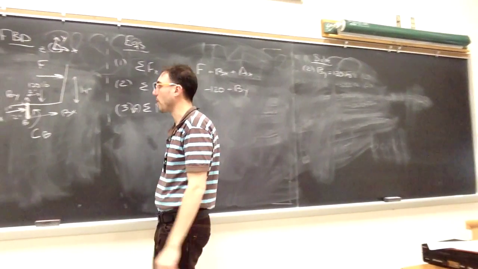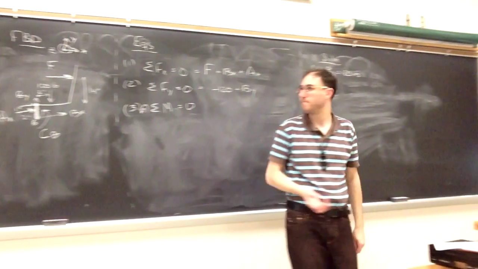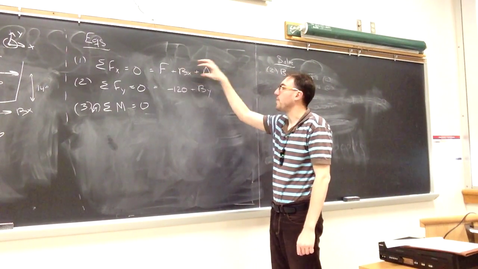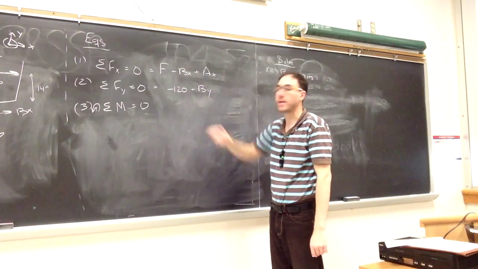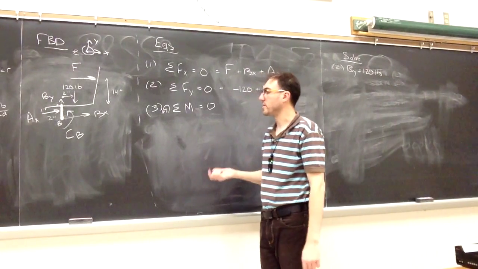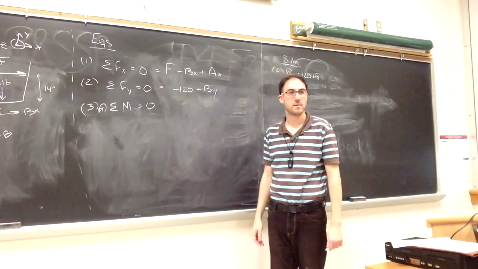So By is going to be 120 since it's the only other vertical force. So that equation is used. We still have 3 unknowns and 1 equation, so we can generate another equation if we take the sum of moments around a point. Which point should we take the moment about, or is the most efficient to take the moment about here?